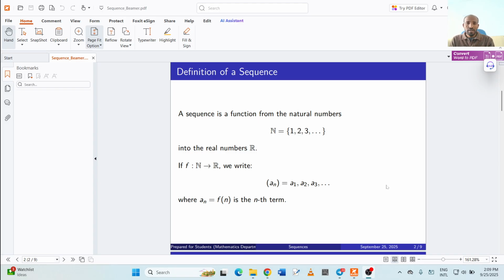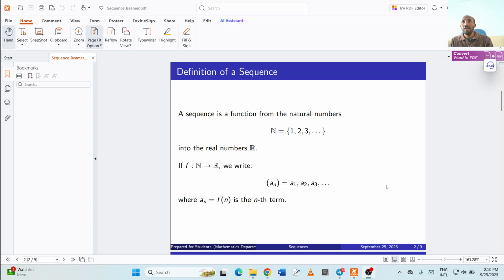So if f is a function mapping from the set of natural numbers to real numbers, we write it in short form in mathematical language as a_n = a1, a2, a3, and it continues. These are known as the terms of a sequence.